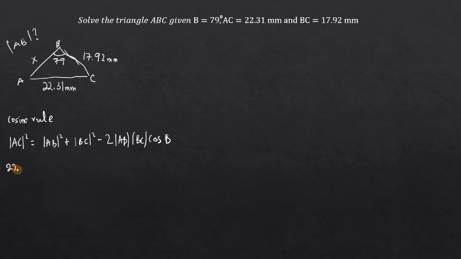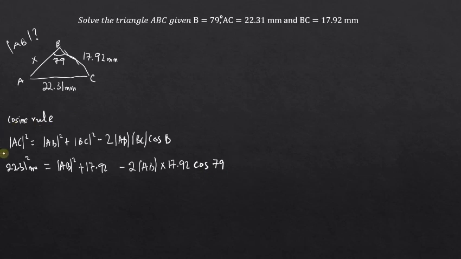So we have 22.31 squared to be equal to, we don't know AB, that's what we are looking for, so AB squared plus 17.92 squared minus 2 times the length of AB multiplied by 17.92 times cos 79.